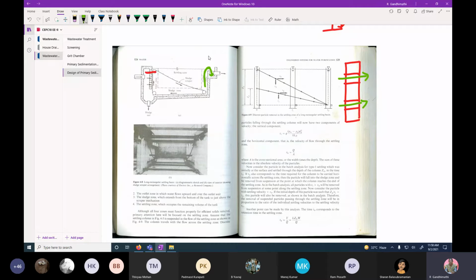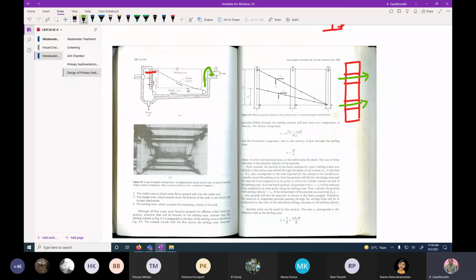Then the sludge zone, where you can expect the settling of the suspended impurities, which may be discrete particles or suspended flocculent particles. Then the settling zone, where the mechanisms I have explained apply. Some particles may reach the bottom of your sludge zone, some particles may not, and they may come out along with the water in the outlet.